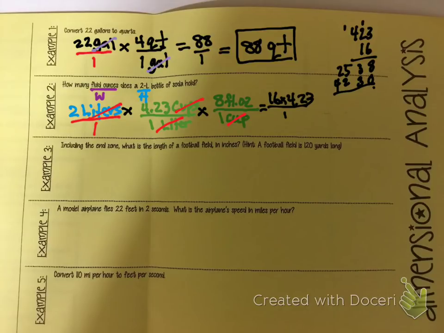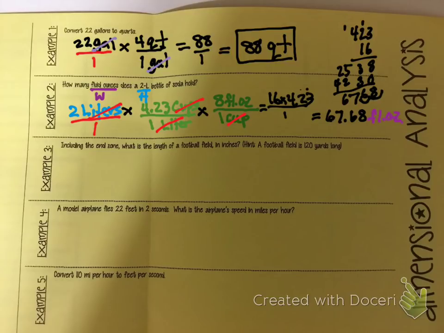Let's try that again, shall we? So that gives me 8, 6, 7, 6. So my answer should have 2 digits after the decimal point. 1 here, 1 here. So that's going to move it back twice. And I'm going to get 67.68. And the label I wanted, which are those fluid ounces or flosses.